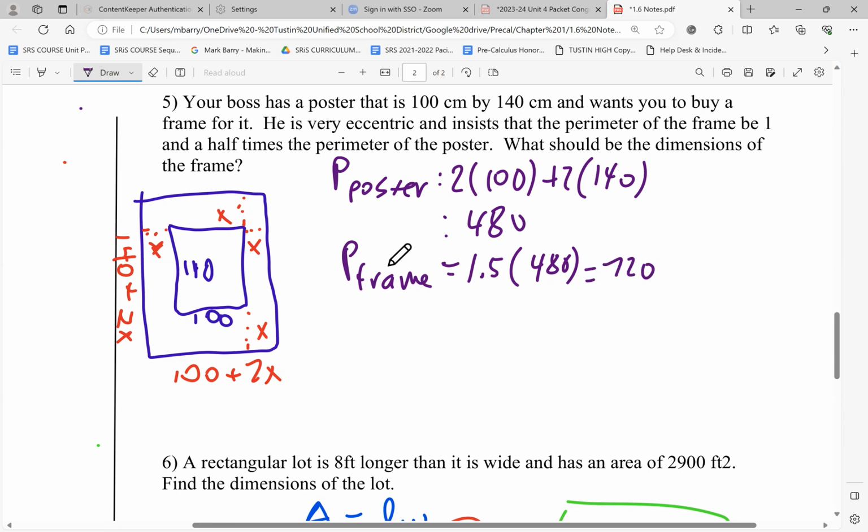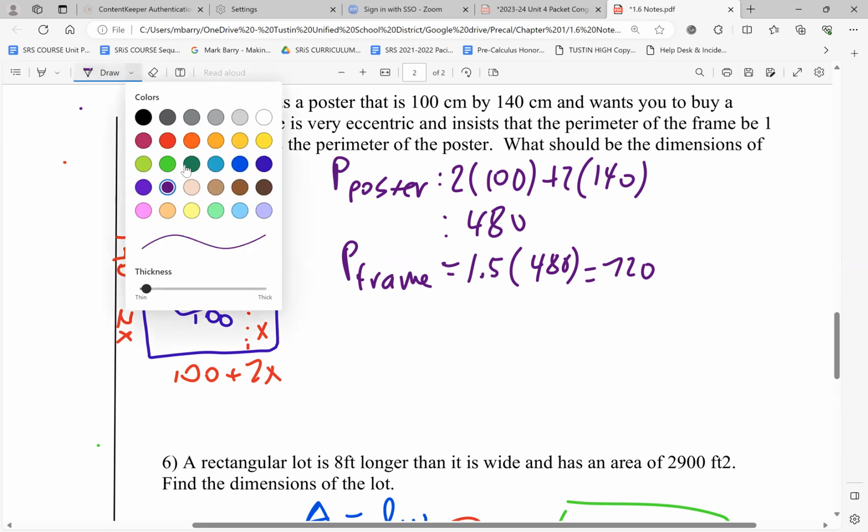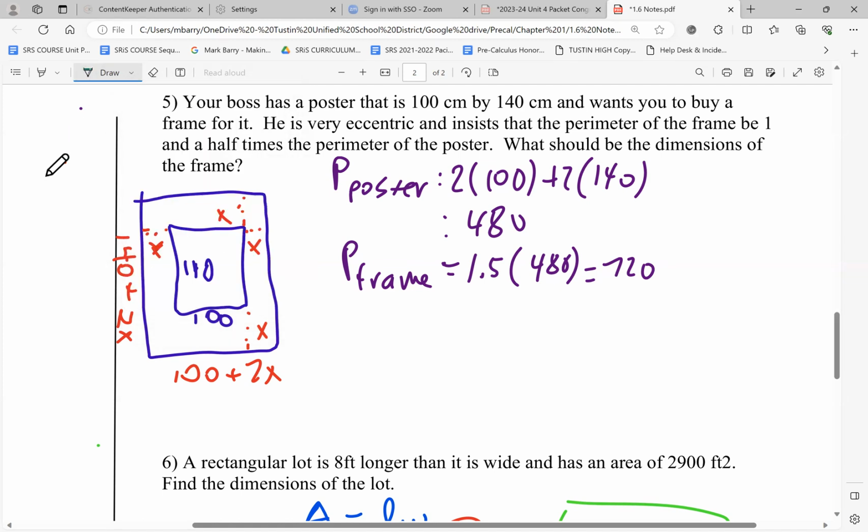And so they're saying they want the perimeter of the frame to be 720. So then I'm going to take that and set it equal to the perimeter formula. So we're going to say 720 equals 2L plus 2W. I'll write the formula up here. Perimeter equals 2L plus 2W. I'm going to use that right here.